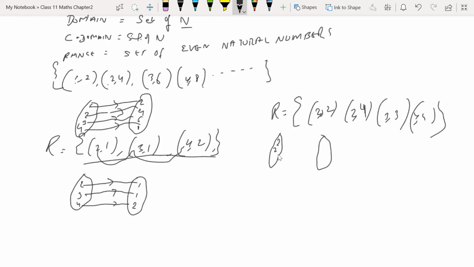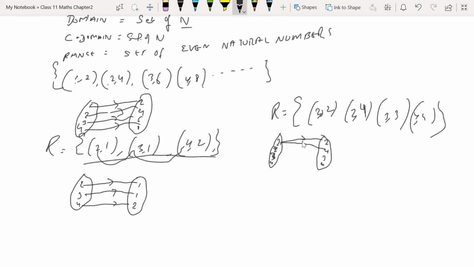2, 3, and 4 map to 2, 4, 3, 4. This 2 has image 2, and this 2 has also image 4.